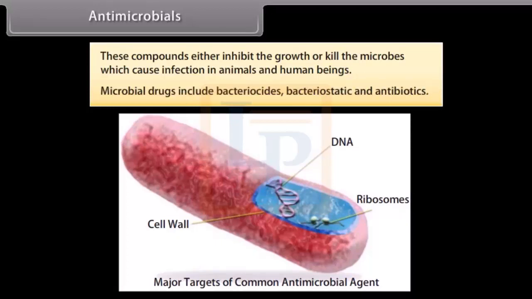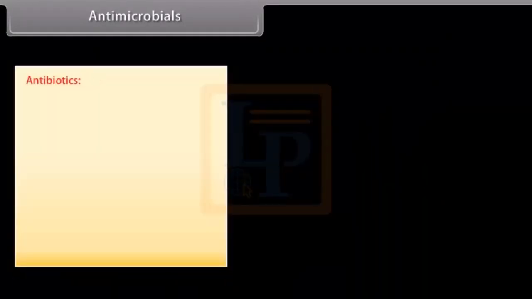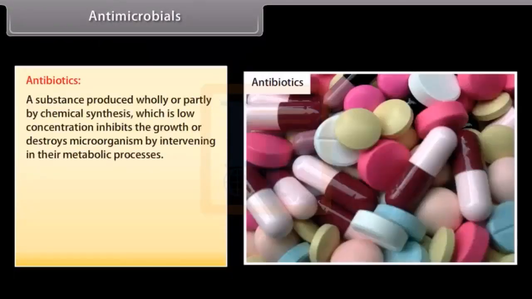Microbial drugs include bactericides, bacteriostatic, and antibiotics. Antibiotics. A substance produced wholly or partly by chemical synthesis, which in low concentration, inhibits the growth and destroys microorganisms by intervening in their metabolic processes. For example, penicillin, ampicillin, and streptomycin.